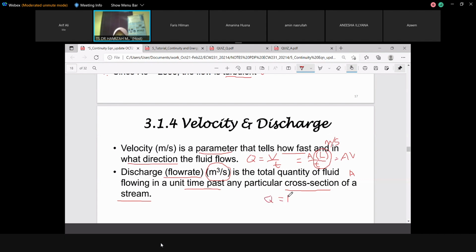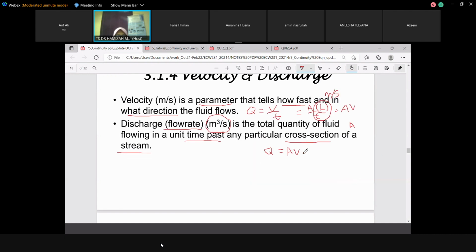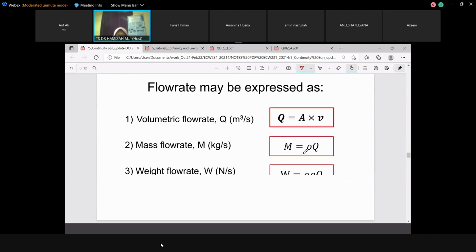Okay, area times velocity. So this one is another part of flow rate. The main flow rate that will be calculated is called volumetric flow rate, Q. So kalau soalan tu tak sebut pun volumetric, but it's only flow rate, maksudnya dia suruh calculate volumetric flow rate.